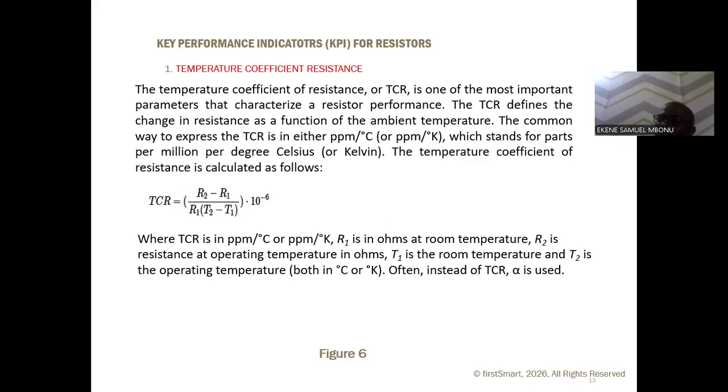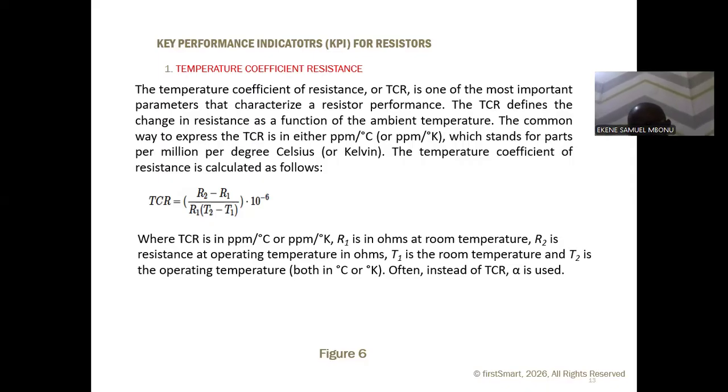Okay, I've said that. The temperature coefficient of resistance is calculated as follows. The formula is there. What that simply means, if you know the resistance value at room temperature, that is when the resistance value is given, just know that it is resistance value at room temperature.